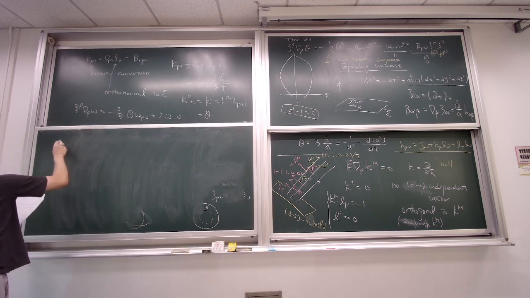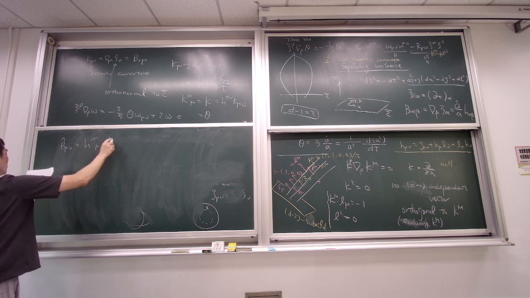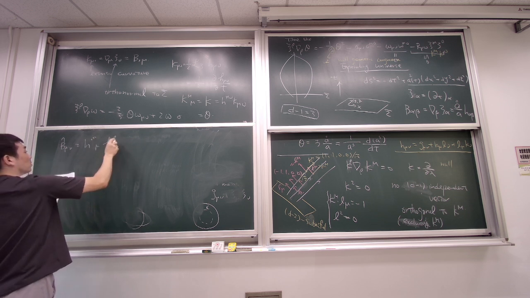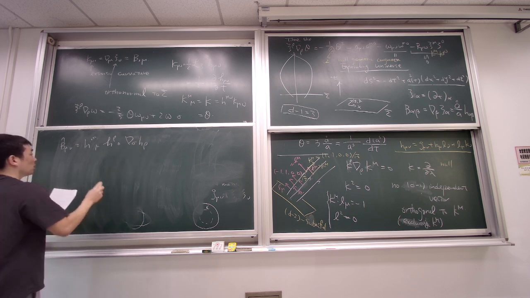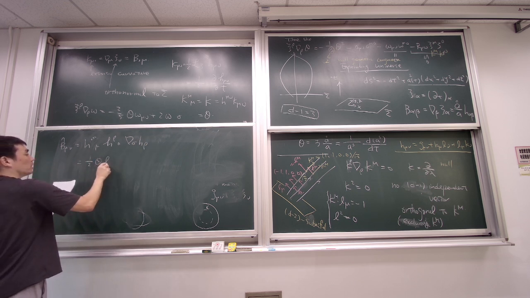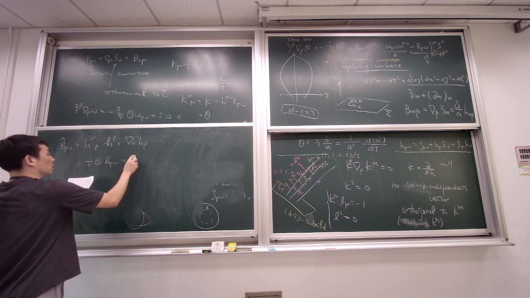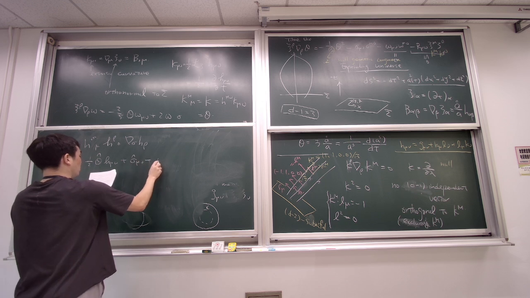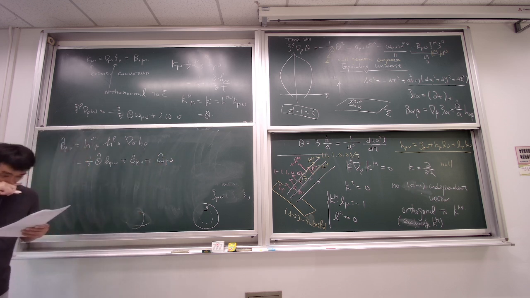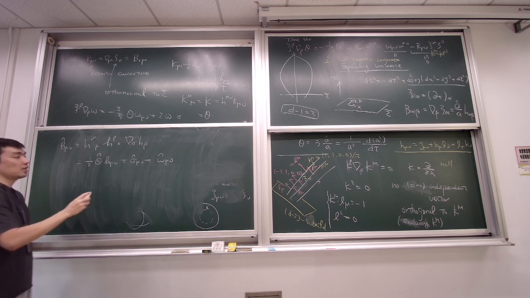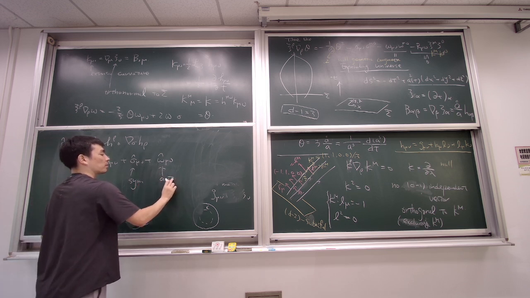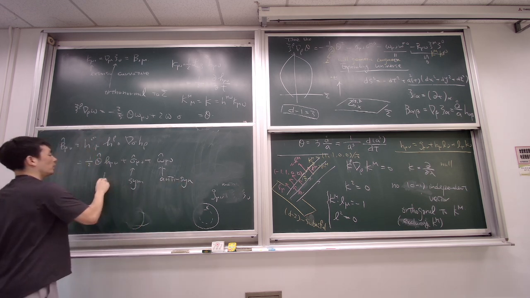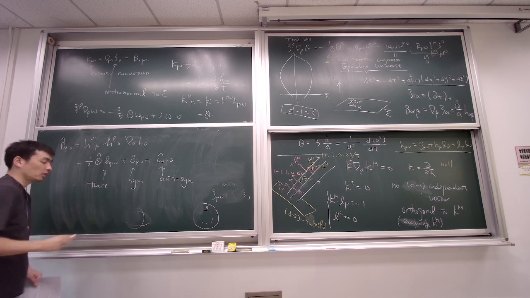I call it B hat for null. It is 1/2 theta H mu nu plus sigma hat mu nu plus omega mu nu. So this is the trace part, the symmetric part, and the anti-symmetric part.